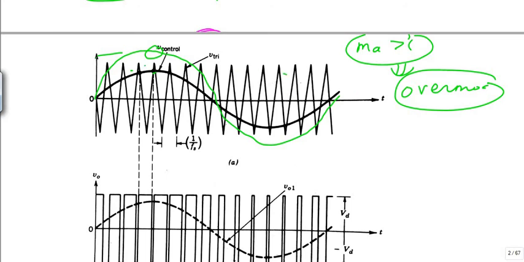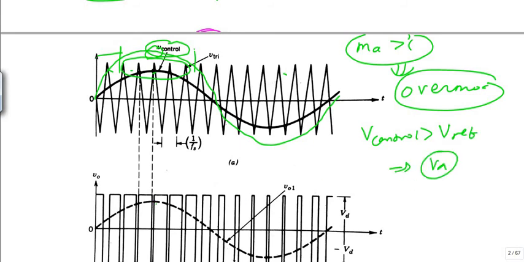Under over modulation, there are some particular points where there is no interaction between the carrier wave and the reference wave. Under this condition, if we apply our concept that if V control is greater than V reference we get output voltage plus VD, assuming bipolar voltage switching, then because of this no interaction we will always get plus VD.